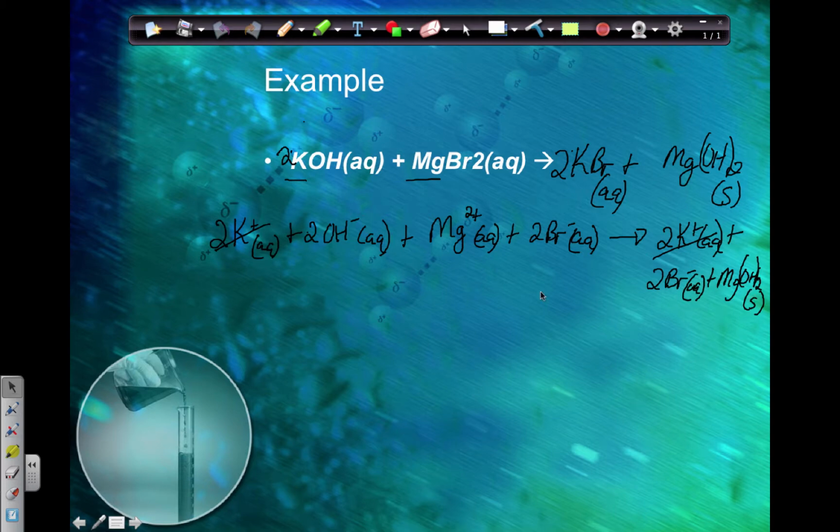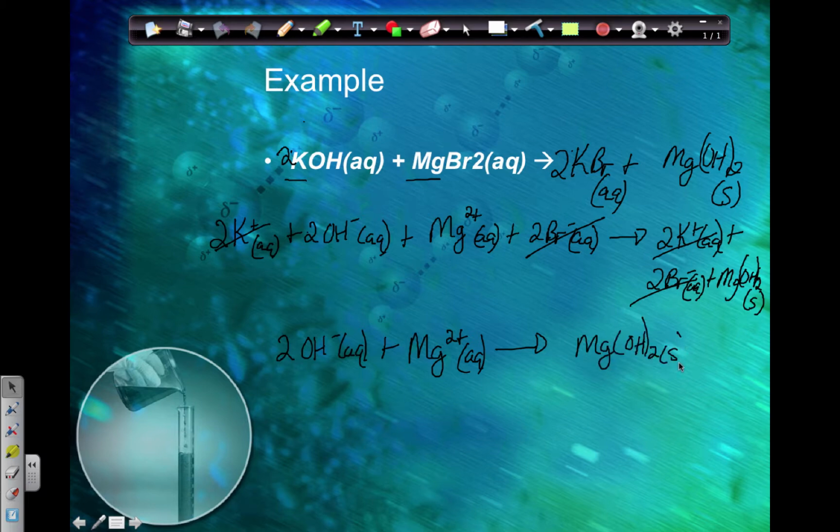OH is not on both sides. Mg is not on both sides, but Br is. So now I can write my net ionic. So it's 2 hydroxides plus magnesium. All right, and that gives me magnesium hydroxide. And that's my net ionic reaction.